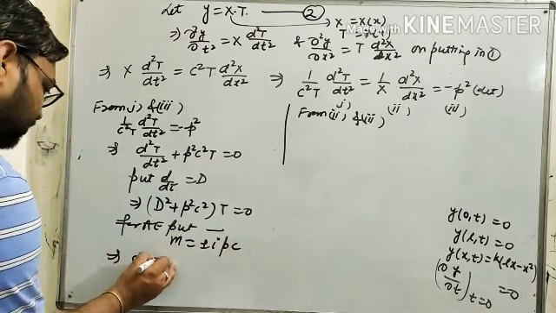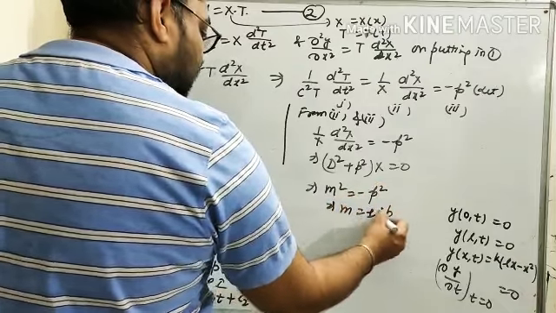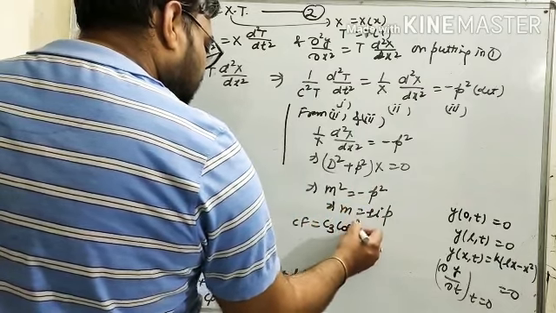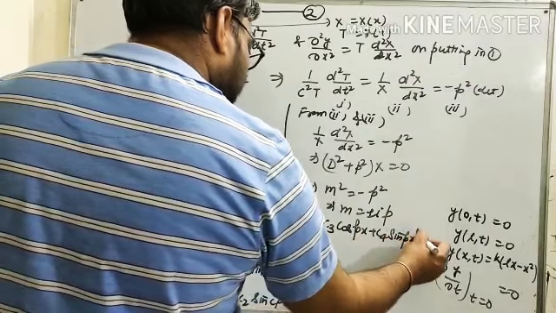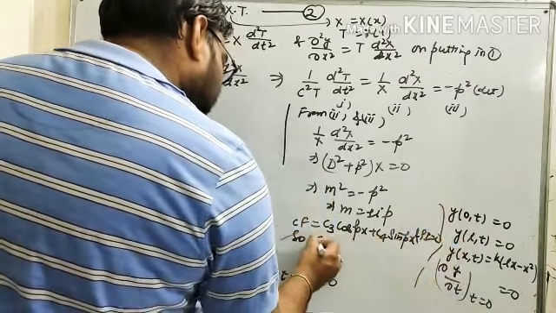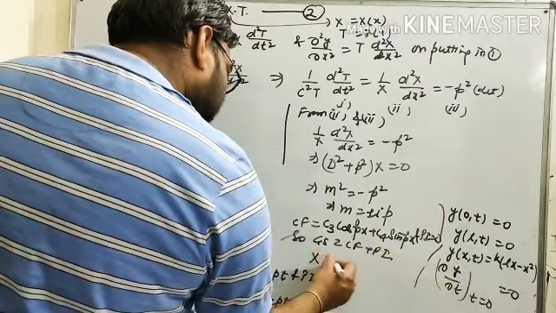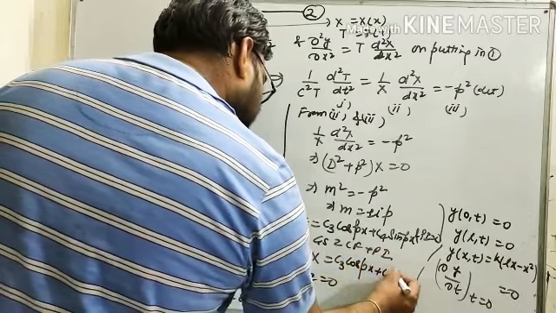So we get m square equals minus p square, or m equals plus minus i p. So CF is equal to C3 cos px plus C4 sin px, and PI is equal to 0. So GS is CF plus PI, or capital X is equal to C3 cos px plus C4 sin px.